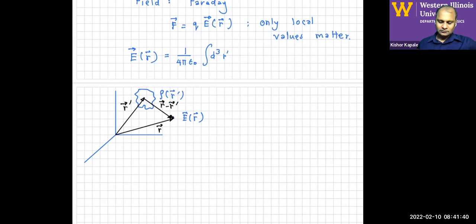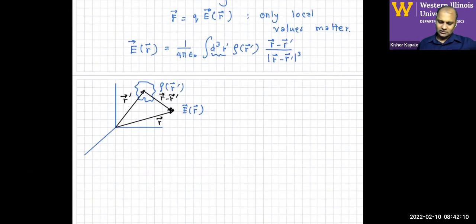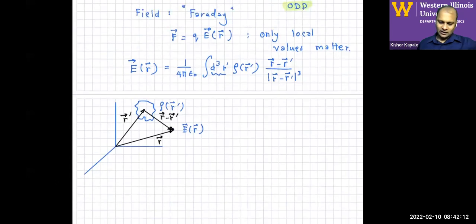Now the source charges, the rho of r prime, are distributed in space, and r is a specific point. So that's why the integral here is over the coordinate r prime. You have to sum over all possible r primes, and then the summation in a continuous domain becomes an integral, as you all know, and you would have then r minus r prime, which is the distance, cubed. Okay, so that's how you get the electric field.